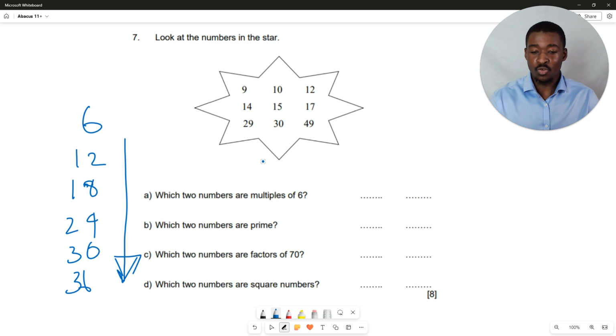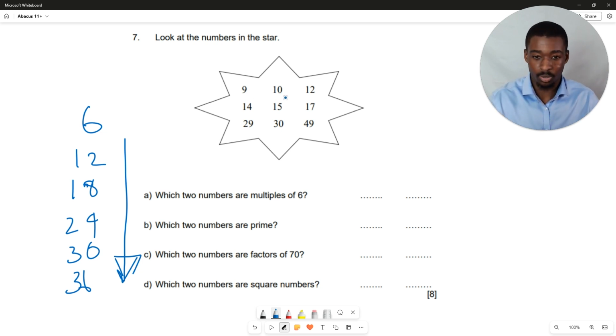So the way we can check that is by seeing if any of these numbers can be divided by 6. Because if they can be divided by 6, that means 6 times something equals that number. And if 6 times something equals a number, that number is a multiple of 6.